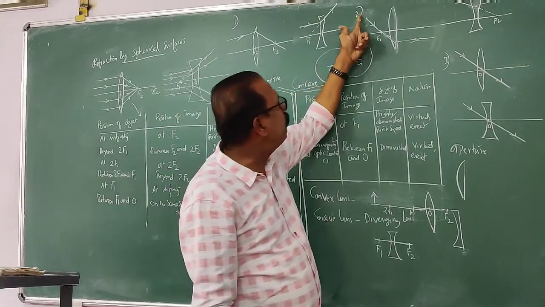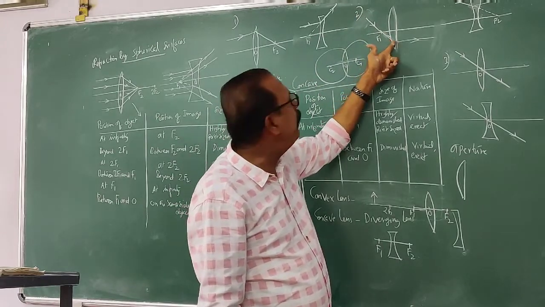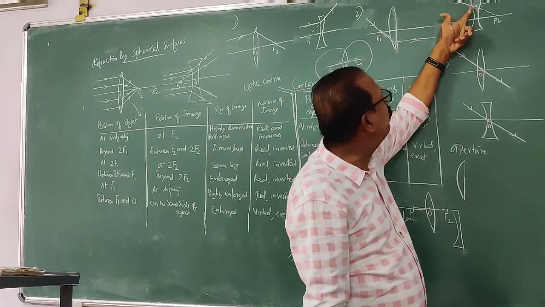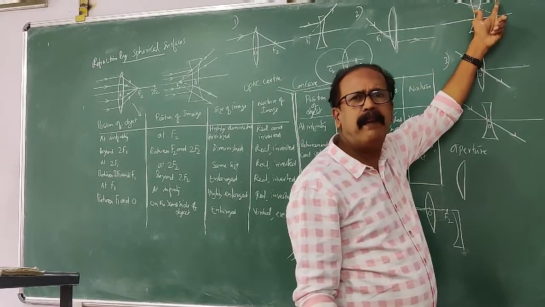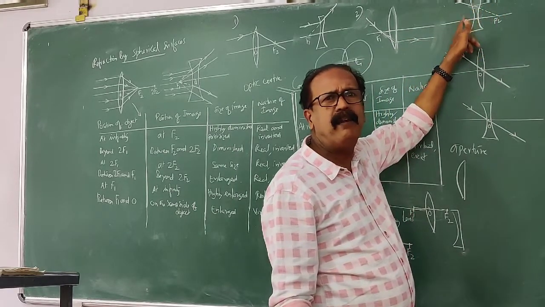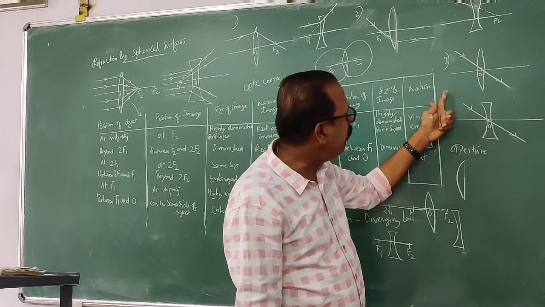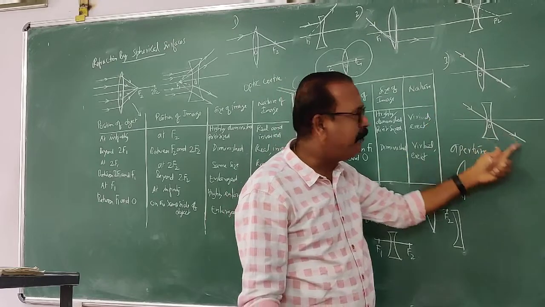A ray passing through the focus is made parallel after refraction. A ray passing through the optic center passes straight, in a concave lens also.